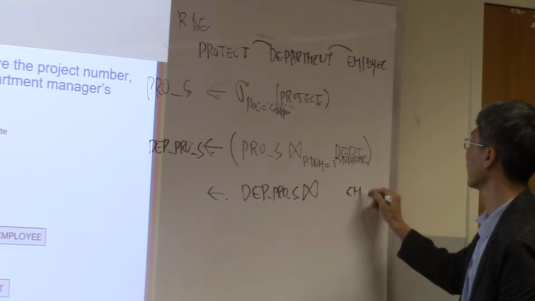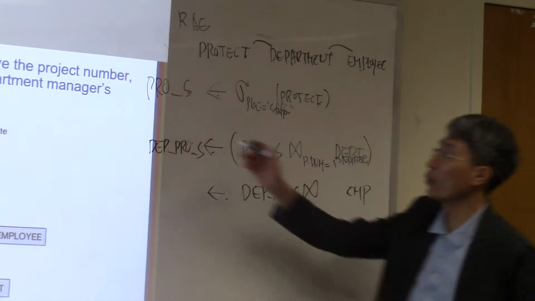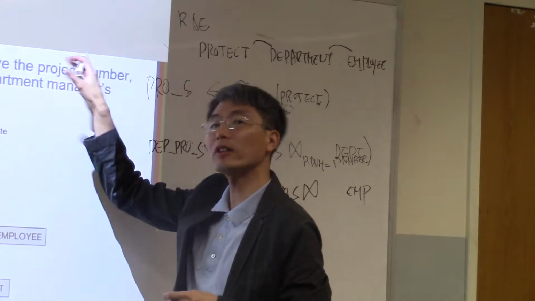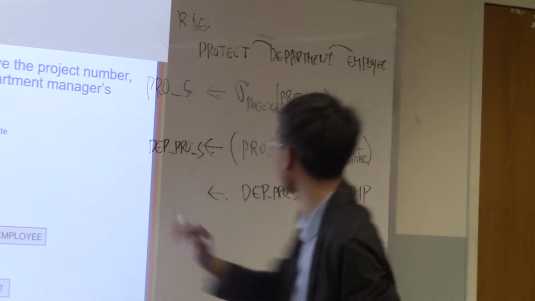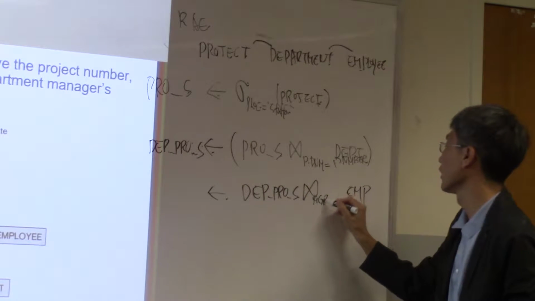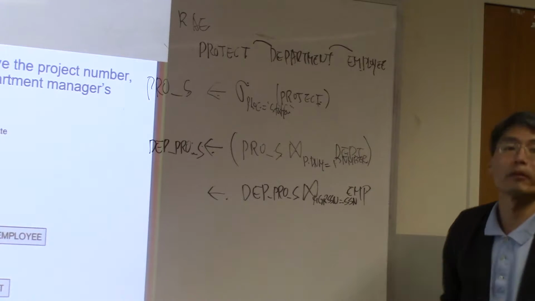the employee. How can we join? To the manager's assistant, because we need only the department managers. Okay? Department manager's last name, so MGR_SSN is equal to SSN in employee.